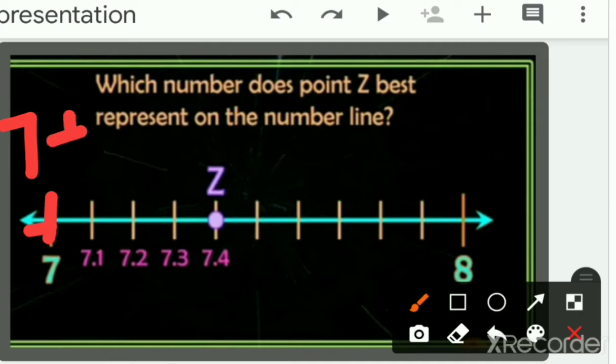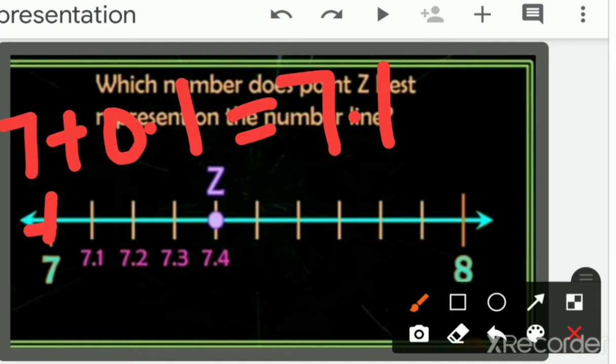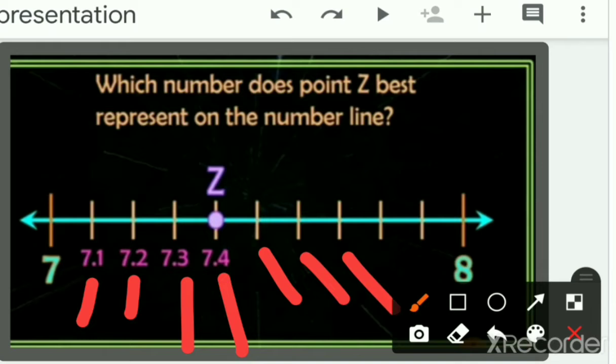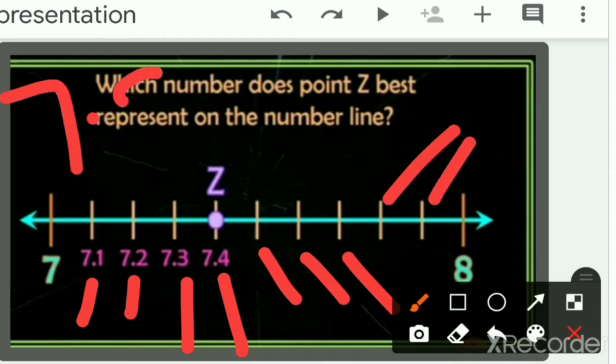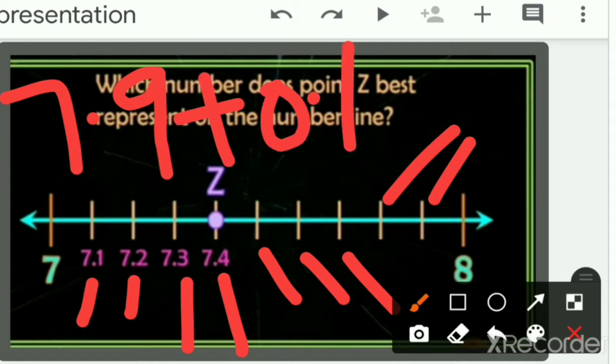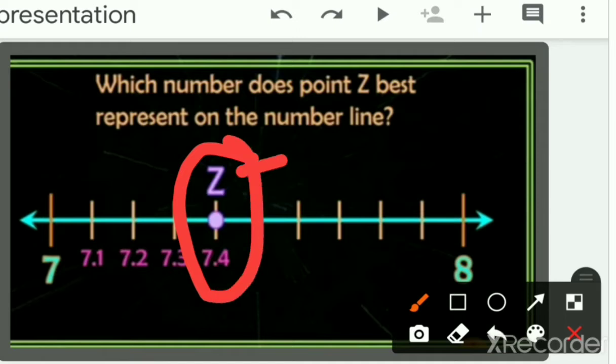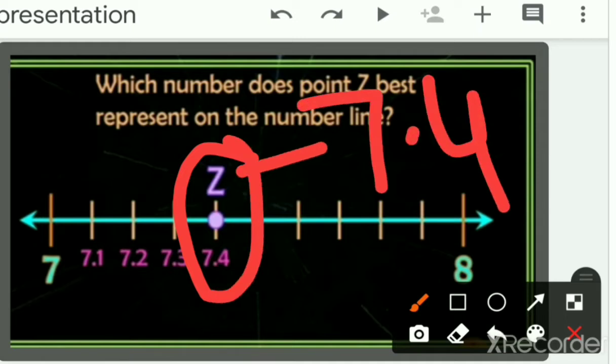The difference between the marks is 0.1, so the first will be 7.1, then 7.2, 7.3, 7.4, 7.5, 7.6, 7.7, 7.8, 7.9. Adding 0.1 more, 8 will come directly. So the value for Z will be 7.4.